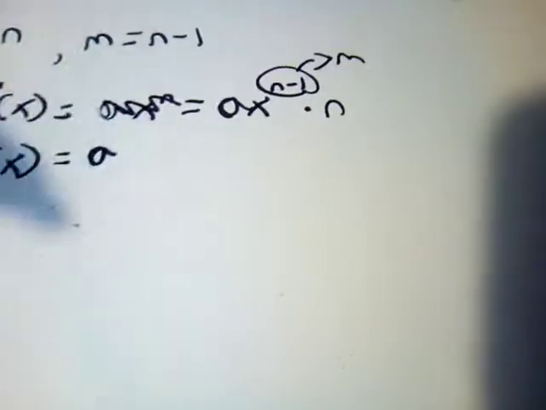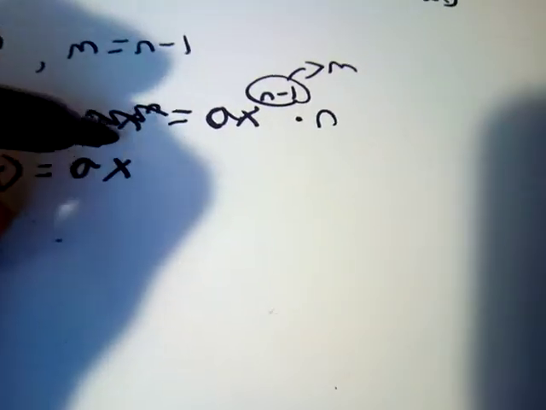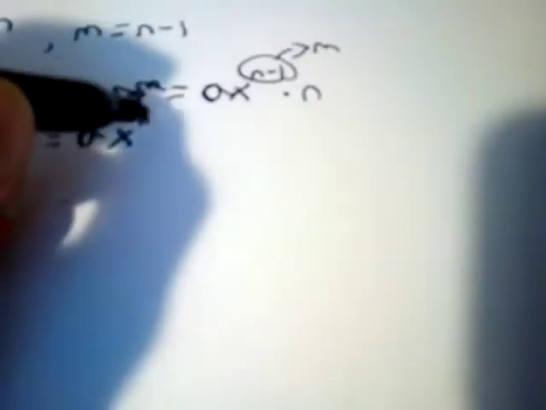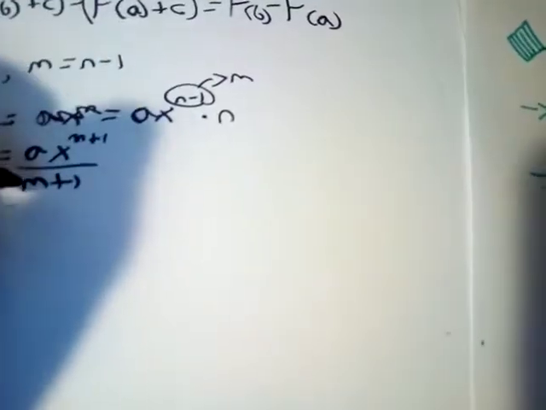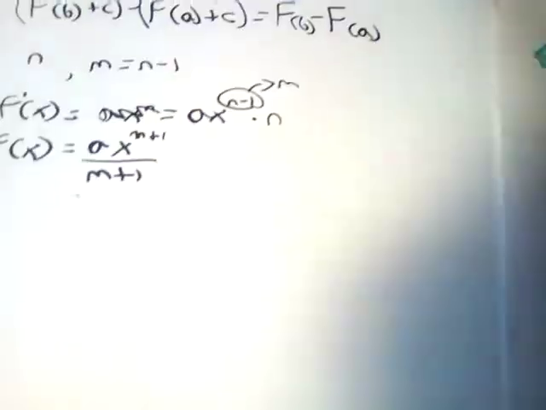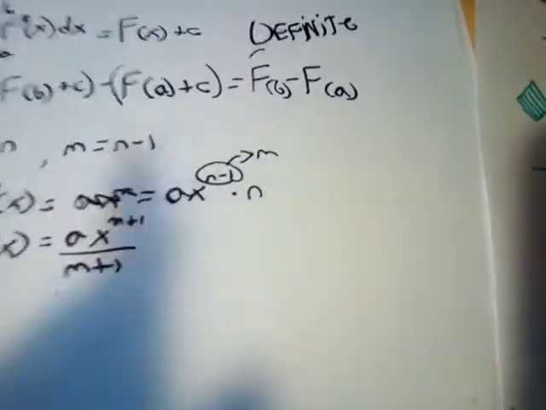So it's going to be a, because constants can be taken out of integration as well, that same principle, x to the m plus 1, because we've added 1 to m. That makes sense. Or m plus 1, as it says, that is n. And we divide, because we need to divide by n, because that's what we've got in front. And that is actually m plus 1 again. So the power, we have to divide by the new one instead of the old one, which may seem strange, but it does work.